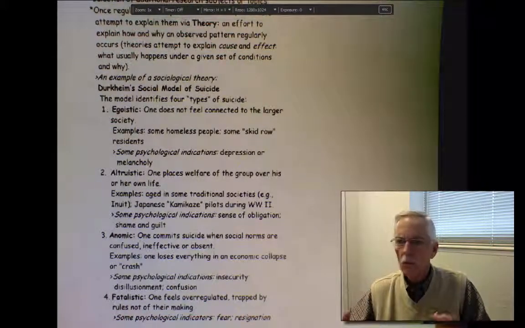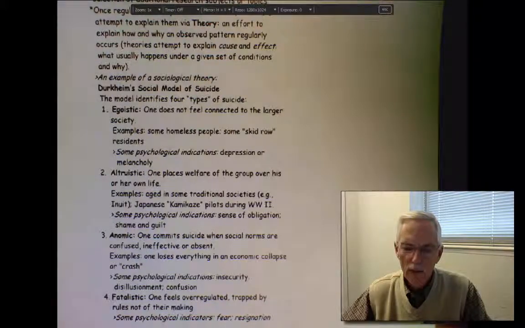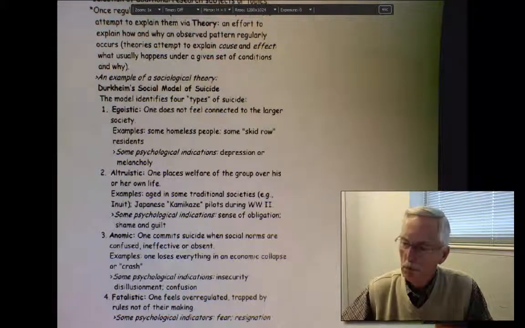Also, his research highlights the fact that suicide is not randomly distributed over a population or a society, but it's going to vary from one social category to another, or based upon social processes, like some of those that we examined. His model also highlights that change and its impact upon social norms might be a player in one's decision to consider or to commit suicide.